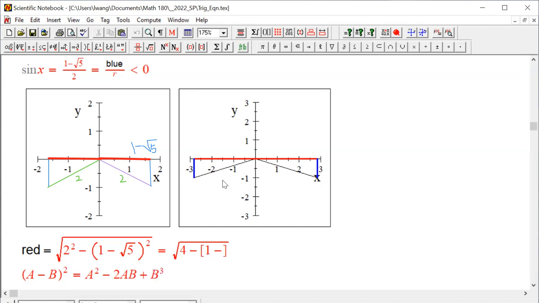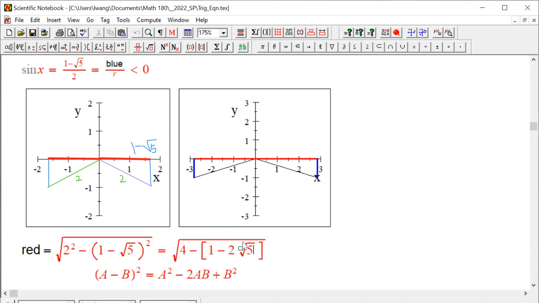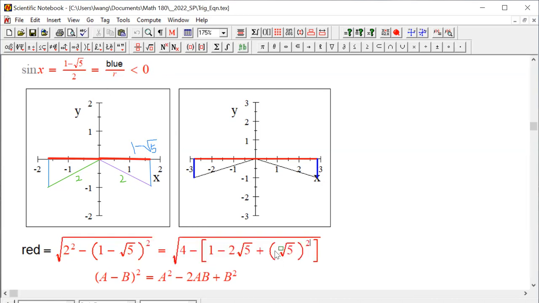A familiar formula. So now we'll apply this formula to 1 minus root 5 squared, right? So 1 squared is 1, minus 2ab, that's 2 times root 5, plus b squared, root 5 squared, which is 5.